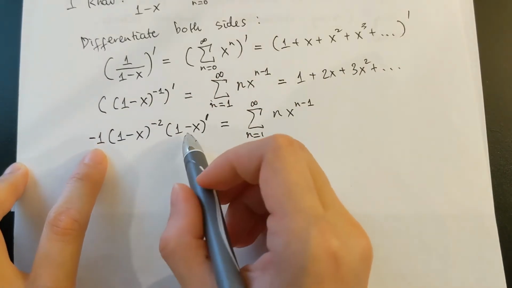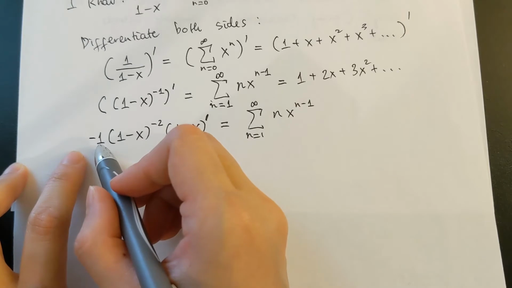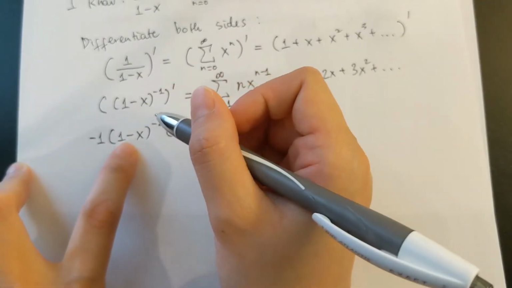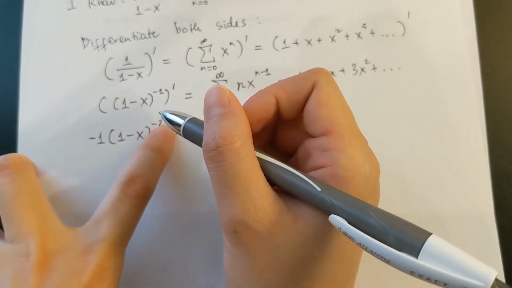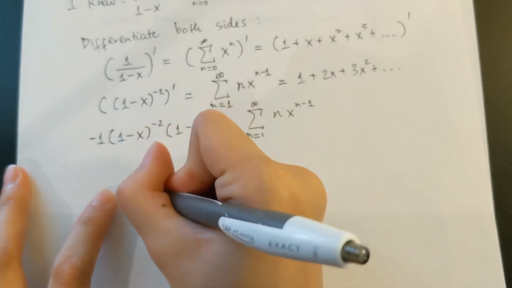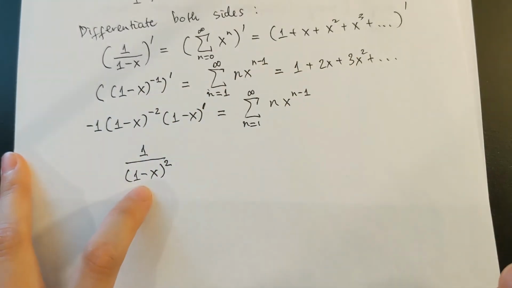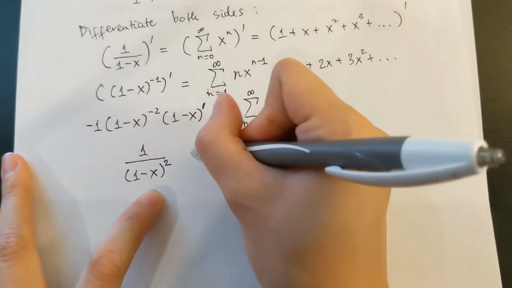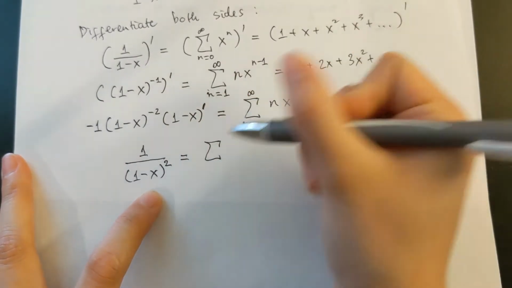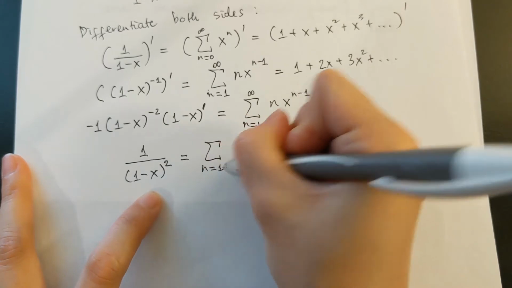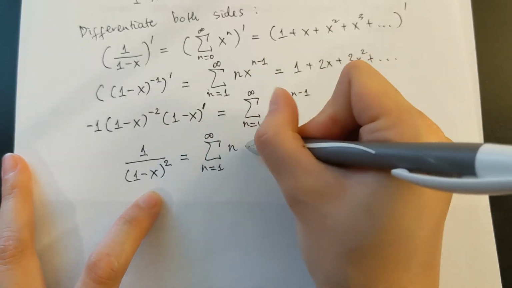So I have minus 1 times minus 1 is positive 1. So I have 1 minus x to the minus second. I'll rewrite it in a cleaner way. So this is 1 over 1 minus x to the second. And we get that it's equal to this power series.